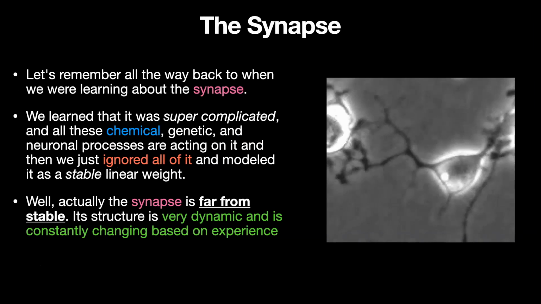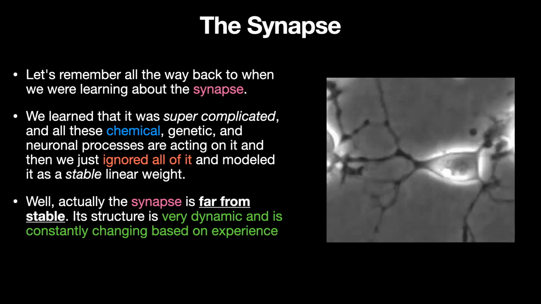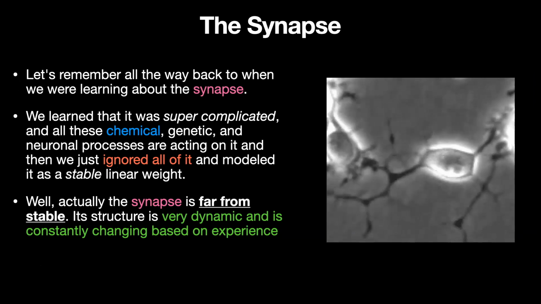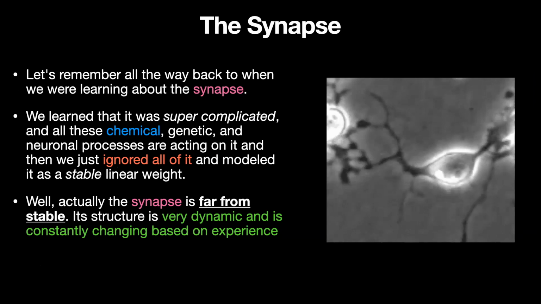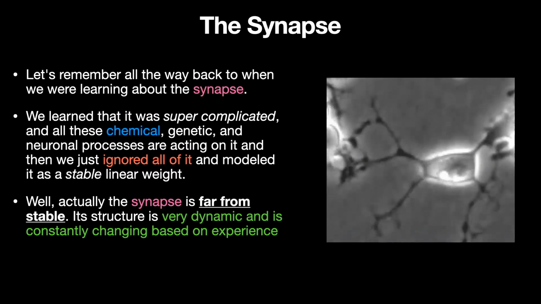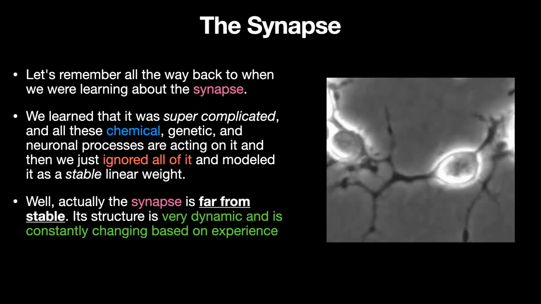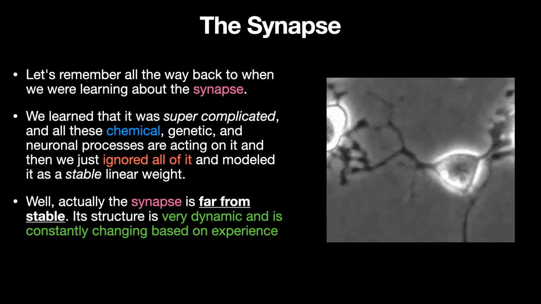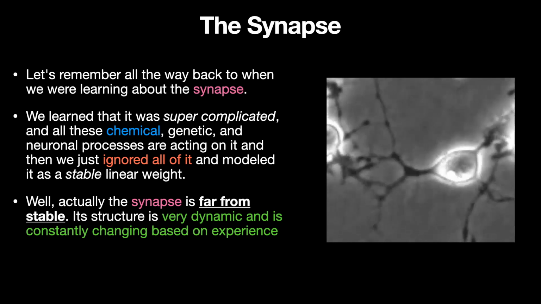We're going to take a look at the synapse again. It's got this cool image here where you see the two neurons, and in a very weird way they're modifying their own structure, right? To try and, I don't know, do something. But one thing we should talk about is that the synapse is far from stable.